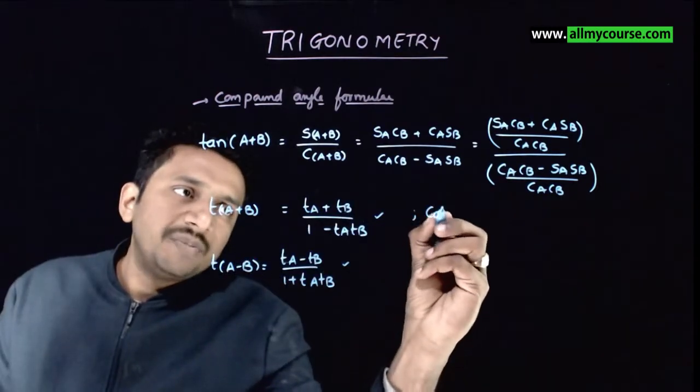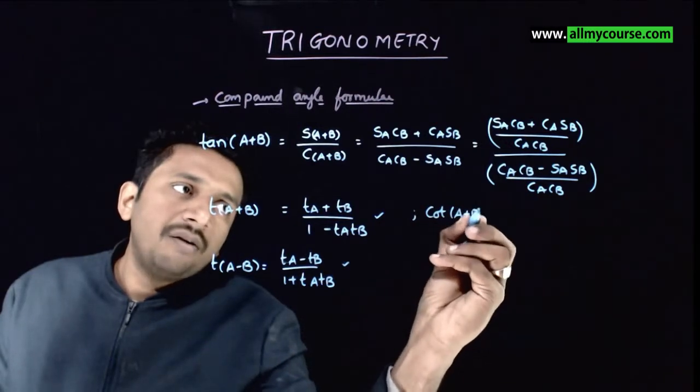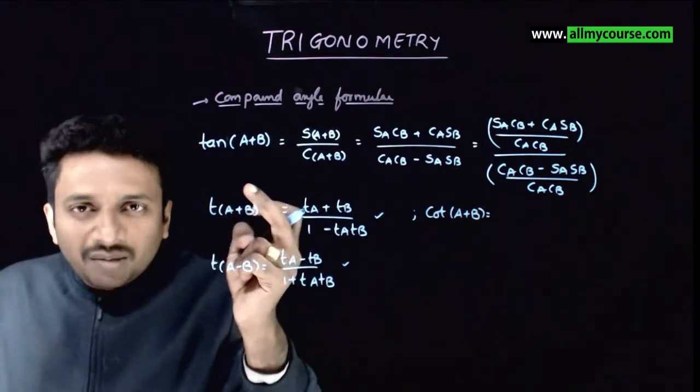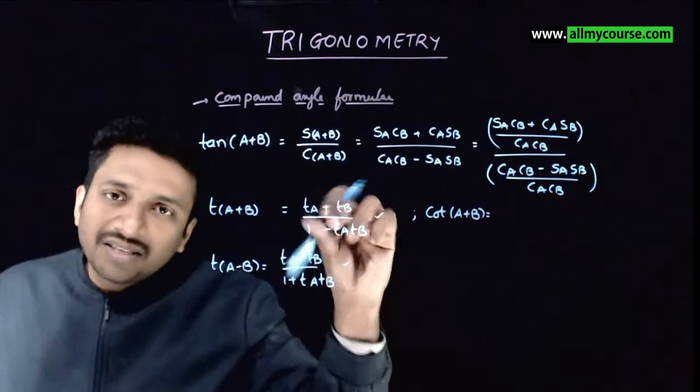So cot of A plus B, if you want the formula for cot of A plus B, cot of A plus B is nothing but 1 by tan of A plus B. That is, you can just reverse this.